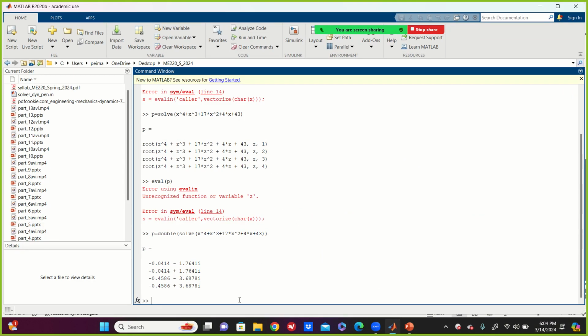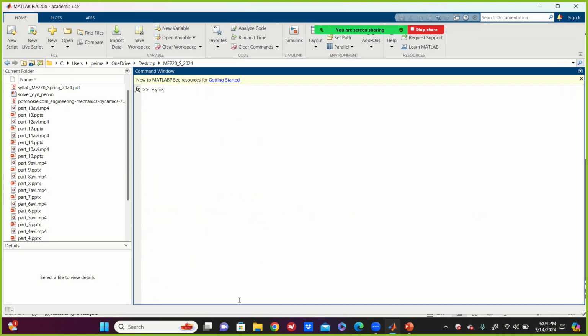Suppose that you have s^6 plus s^5 plus 2s^4 plus s^3 plus 10 plus 6 plus 100.